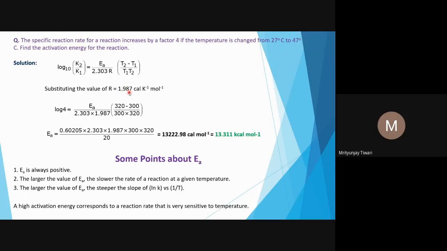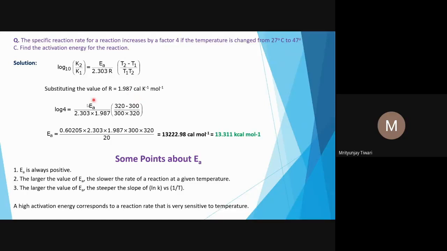We know the joule and calorie relationship: 1 calorie is equal to 4.18 joule. So if the value is given in joule, 8.314, you remember you can convert into calorie by dividing that value 8.314 by 4.18. That is what value we get, 1.98 calorie per Kelvin per mole.